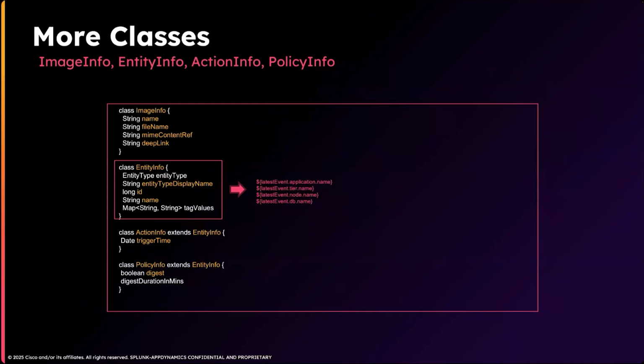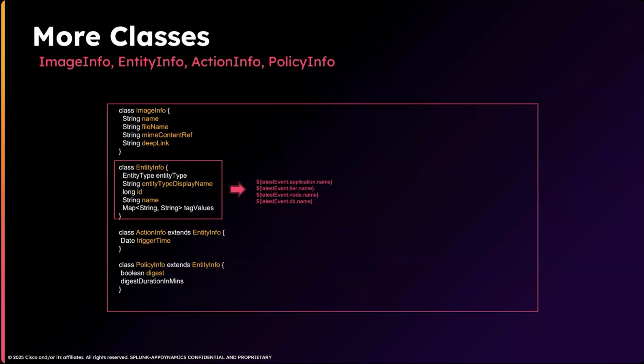So you could have things like we had on the previous slide, latestEvent.application.name, latestEvent.node.name, or this could be latestEvent.application.id, or latestEvent.application.entityTypeDisplayName. Just to show you how these things work, we wanted to put those examples out there. A few other info classes here: there's image info, action info, and policy info. You can see those there.